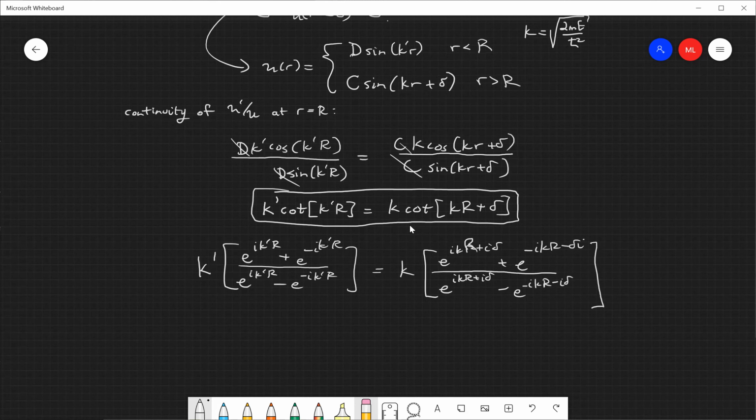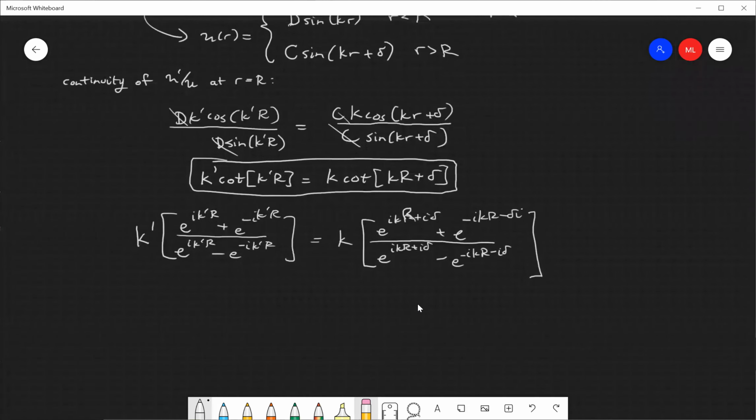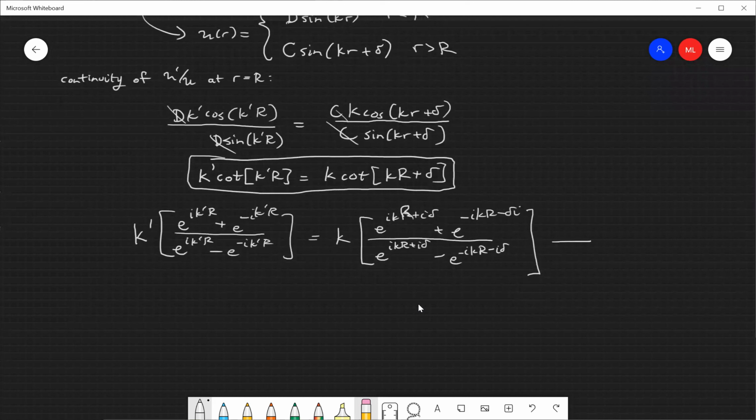So you see in here, what shows up are the e to the i deltas. And in fact, we can multiply and divide by e to the i delta.